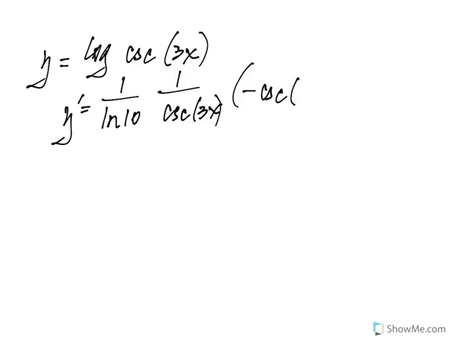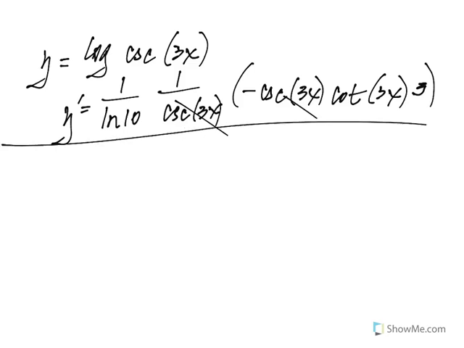Cosecant goes to negative cosecant of 3x times the cotangent of 3x, of course, then times the derivative of the innermost function, and that is 3. By the way, they may clean this up slightly in the book. They could cancel those, which would give you negative 3 cotangent 3x all over ln 10.